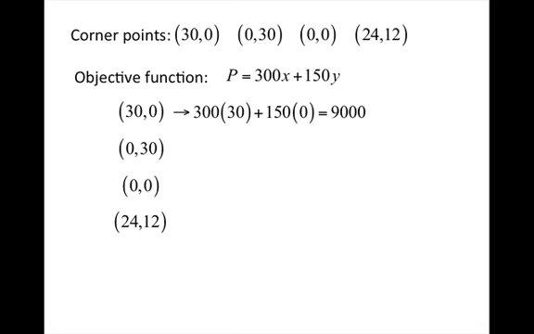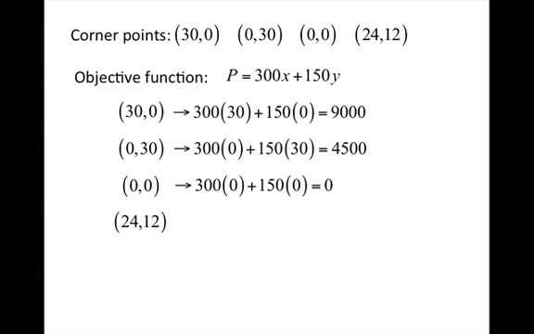If I plug in the 0, 30, I get 300 times 0, which is 0, plus 150 times 30, which is 4,500. If we plug in the 0, 0, we just get 0. And then if I plug in the 24 and 12, I get a 9,000.